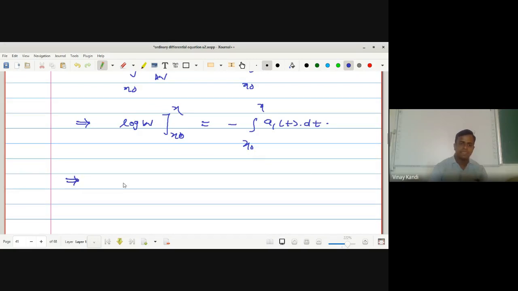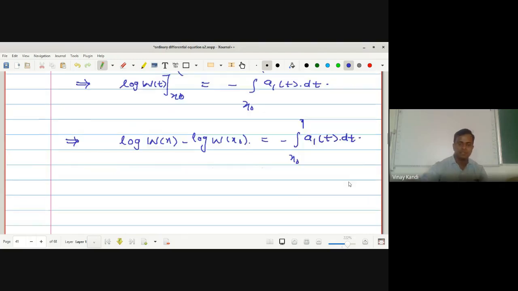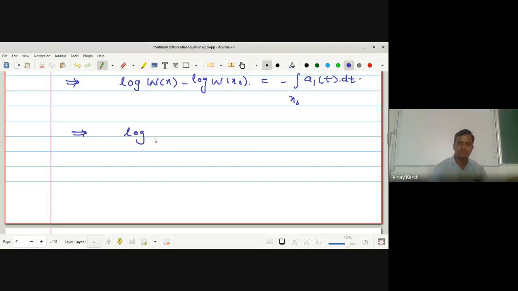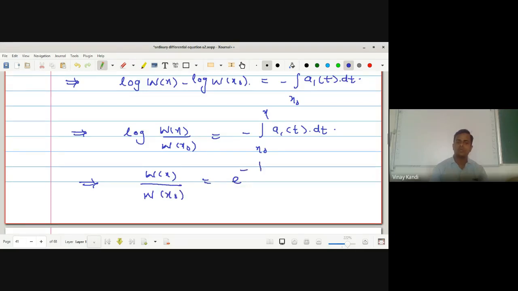Now which implies log of W of x minus log of W of x naught is equal to minus integral x naught to x a1 of t dt, which implies log of W of x upon W at point x naught is equal to minus integral x naught to x a1 of t dt, which implies Wronskian at point x upon Wronskian at point x naught is equal to e raised to minus integral x naught to x a1 of t dt.